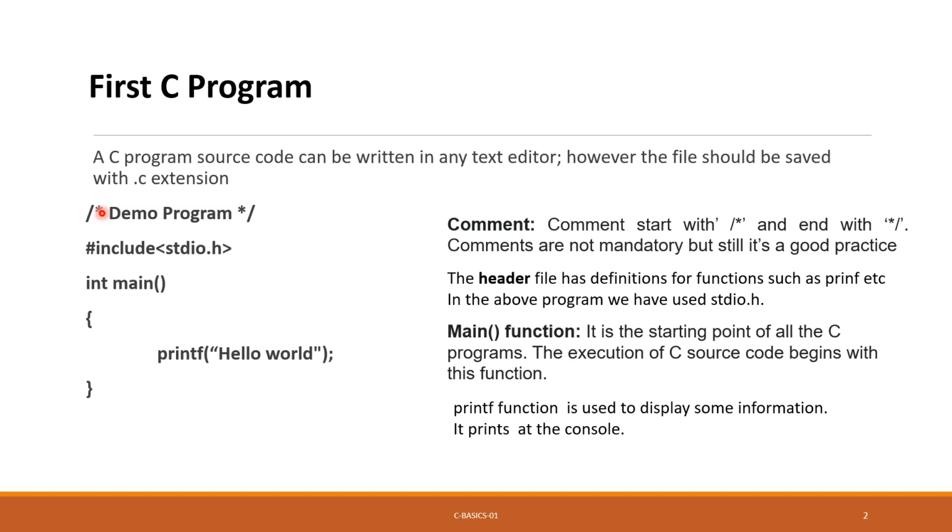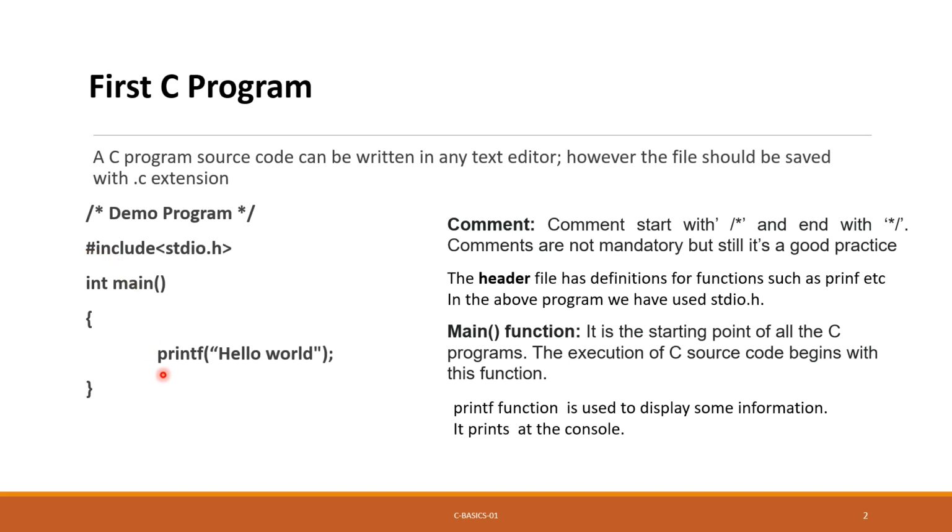To give that kind of documentation, we have to use a symbol called slash star, ending with star slash. Any number of lines can be given, but it must begin with slash star and must end with star slash. The second line that is required is the header file inclusion, which starts with hash include.